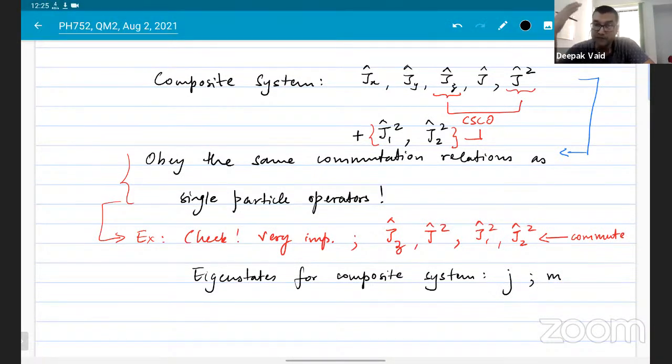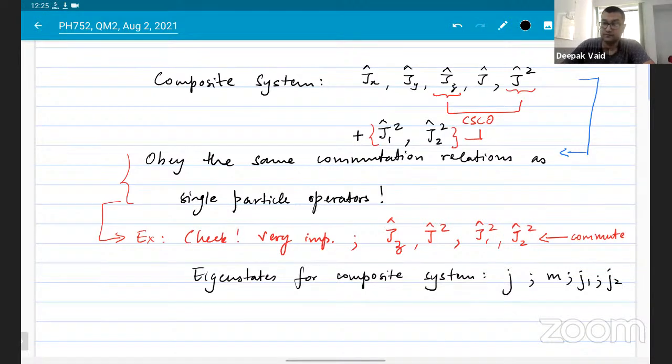But I started off with a system described by 4 quantum numbers, so I should end up with a system also described by 4 quantum numbers. So 2 of those are missing. What can those 2 be? Those will be the eigenvalues of j1 square and j2 square, which would be j1 and j2.